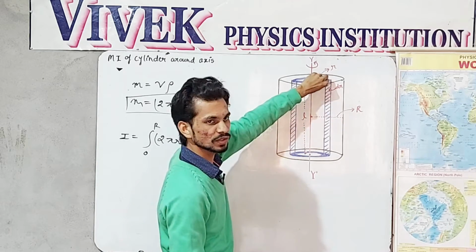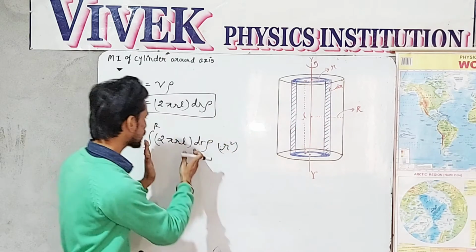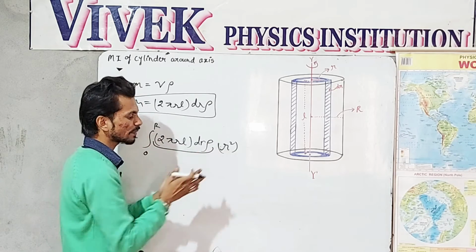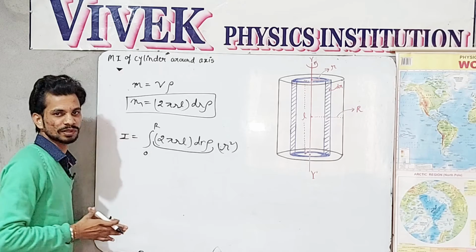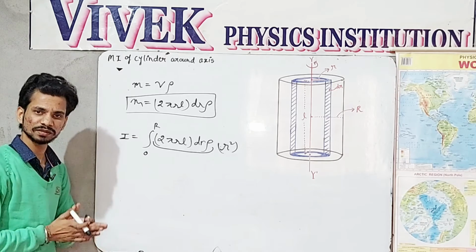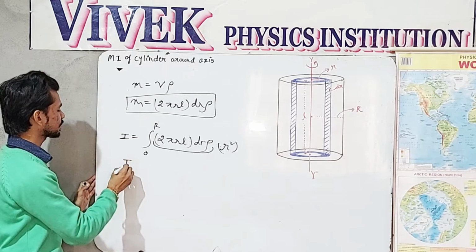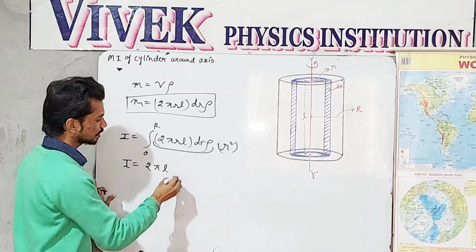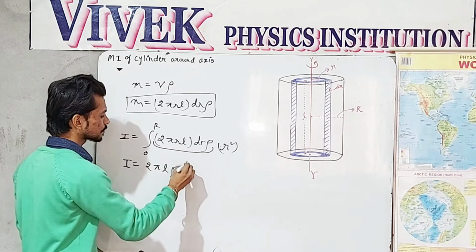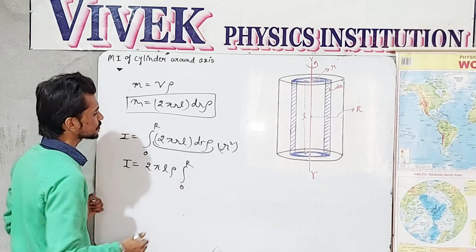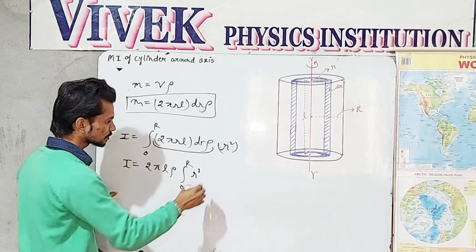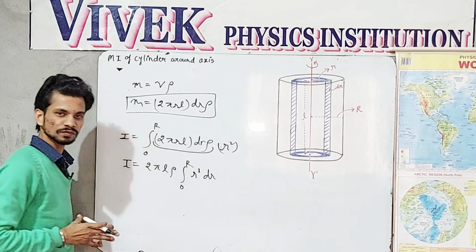This is r, so I have taken its square. This factor shows the mass, multiplied by the radius squared, gives me the corresponding MI. So let's solve this. 2 pi L and rho are constant, and the rest of the terms are r and r square, which becomes r cube multiplied by dr.